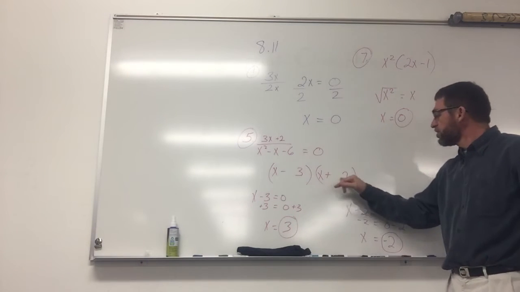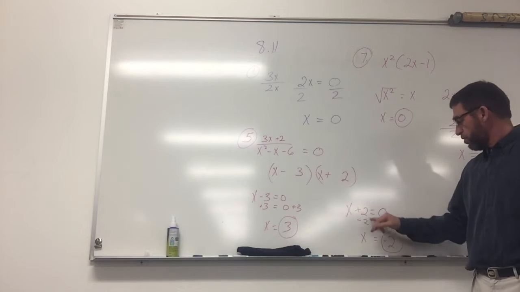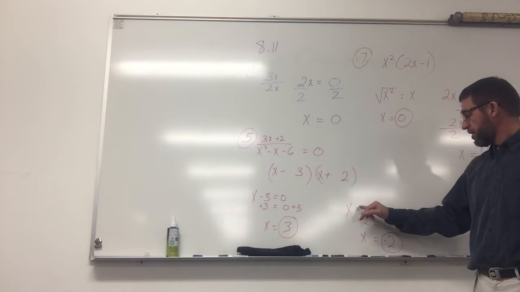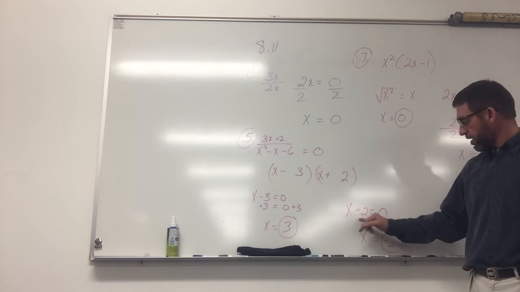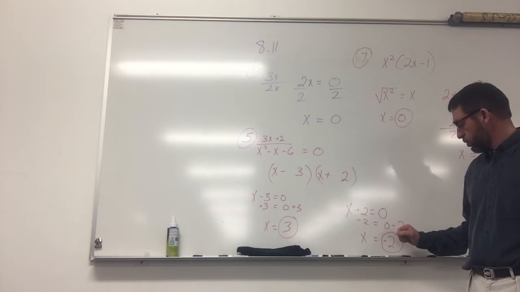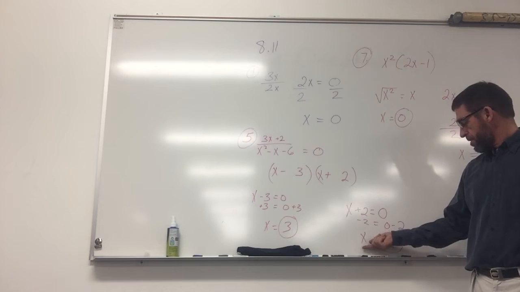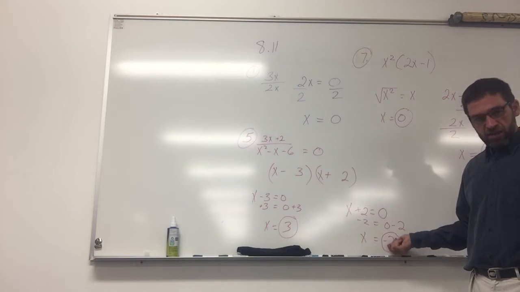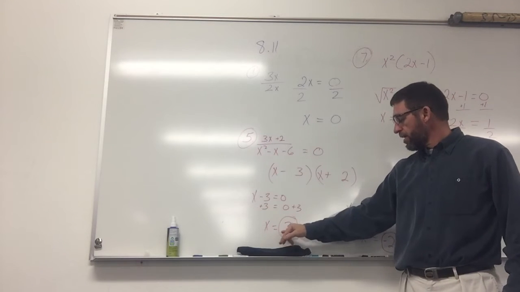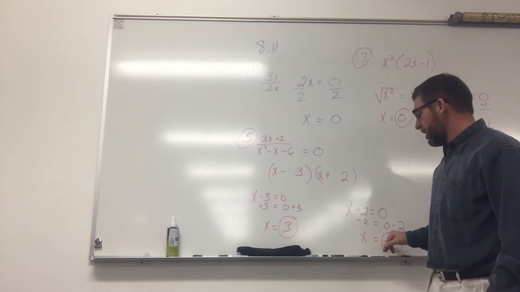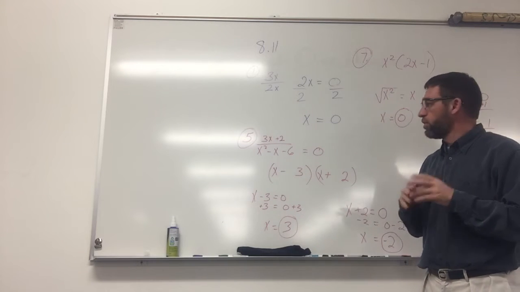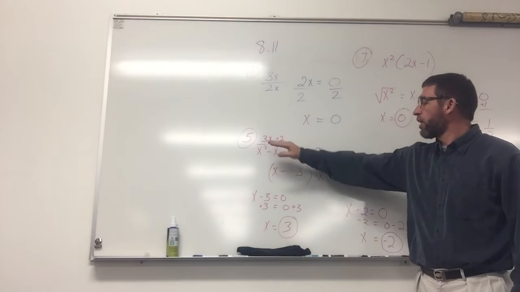And over here I did the 2, I broke the 2 down, so you got x plus 2 equals 0, so I subtracted the 2, subtract 2 from 0, you got a negative 2. x equals negative 2. So your answers for number 5 on part A is 3 and negative 2. This is almost identical to what you did the other day, except it's just in the fraction form.